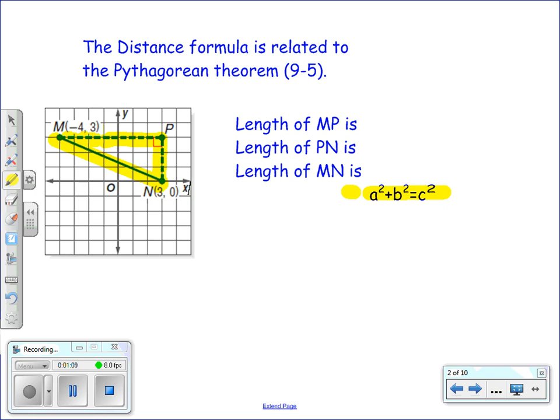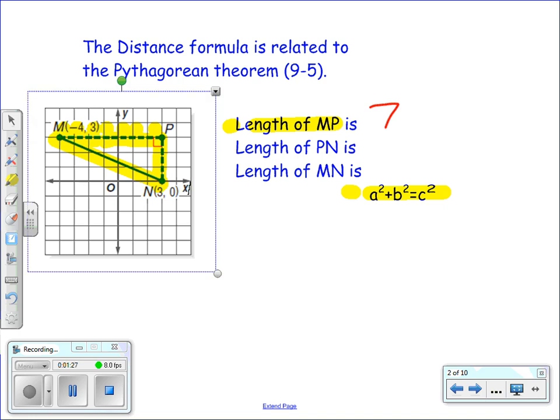All right, we can look at the length of MP, and we can see that it's 1, 2, 3, 4, 5, 6, 7 units long, right? And we can look at the length of PN and see that it's 1, 2, 3 units long.